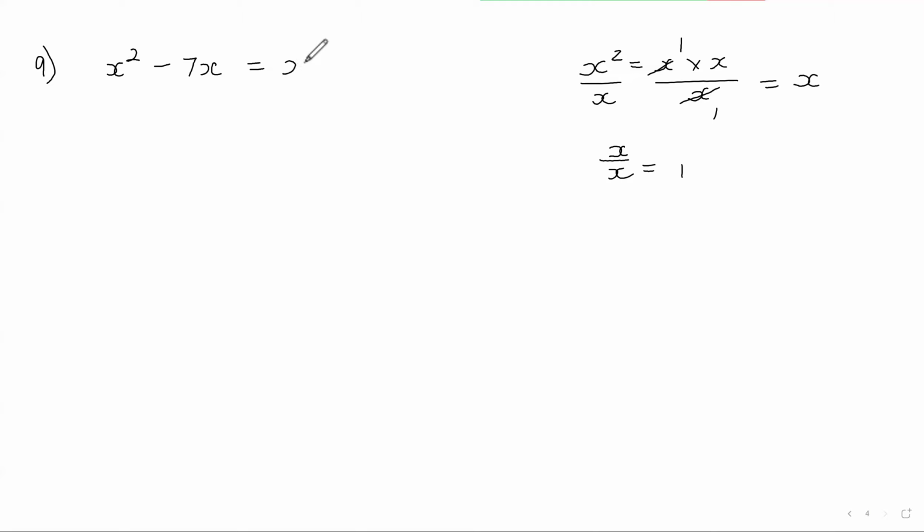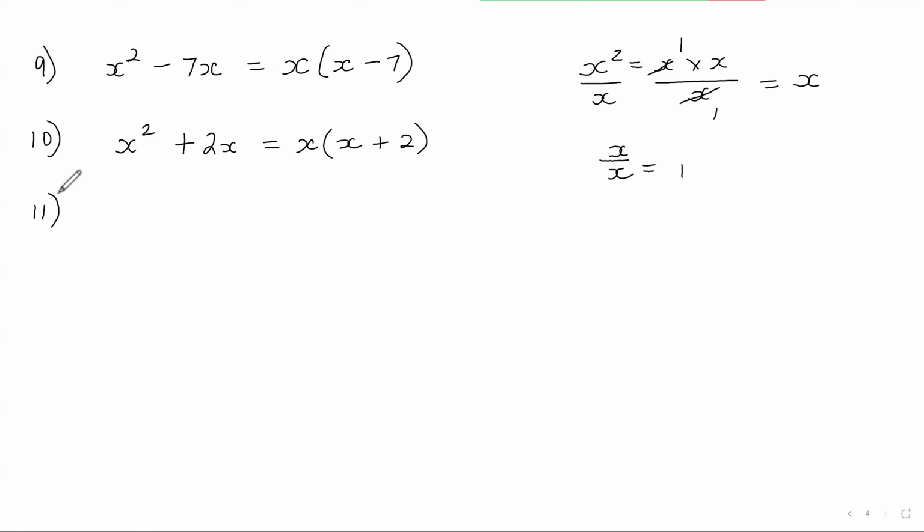So x is the common factor that goes on the outside, and in the brackets, x times x gives me x squared, so this will be x, and x times minus 7 will give me minus 7x, right? Let's look at another one like that. Say we had x squared plus 2x. The common factor here is x. x could go into x squared x times, and x could go into 2x 2 times.